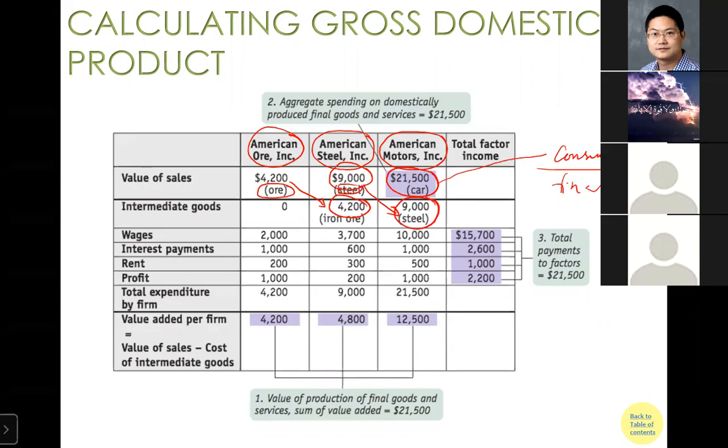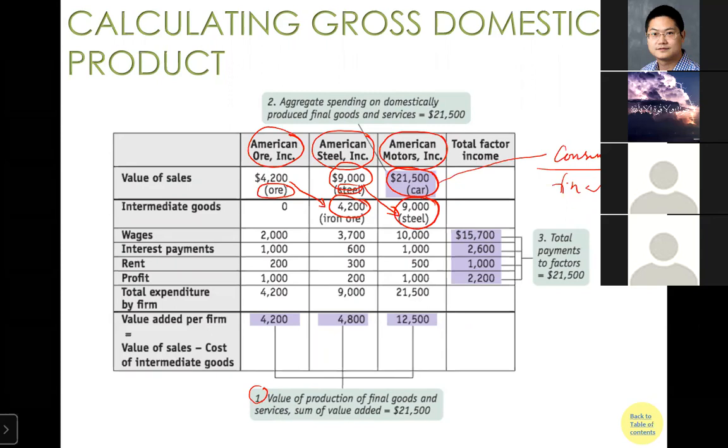Now, with this discussion in mind, we can look at different approaches. Start with value added. Here, for value added, we just add together the value of production of final goods and services. Now we look at each business.